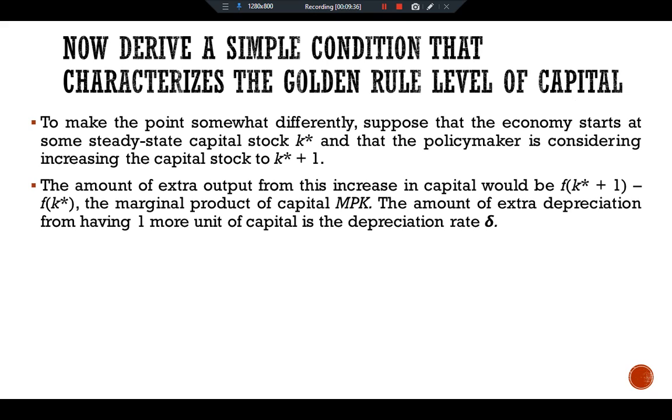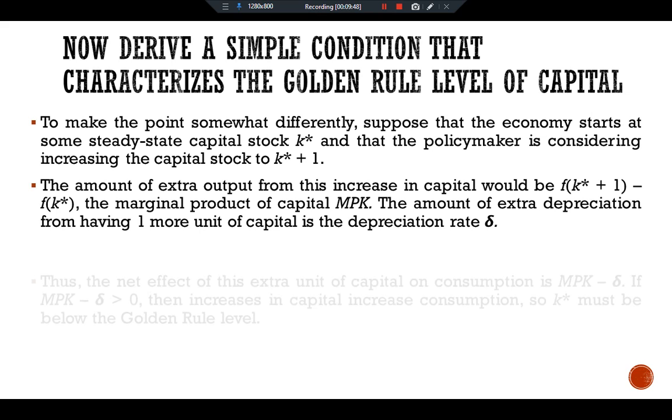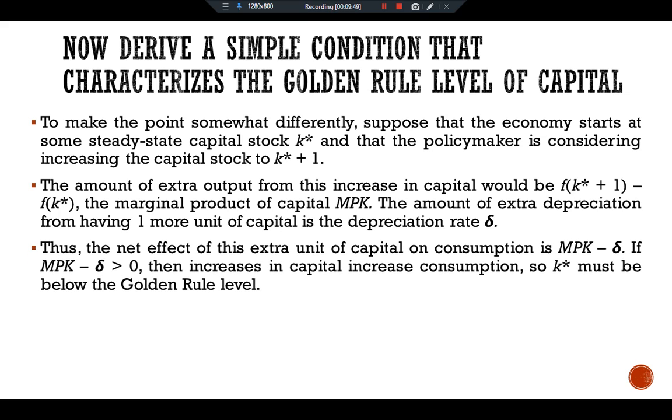The amount of extra depreciation from having one more unit of capital is the depreciation rate delta. Thus the net effect of this extra unit of capital on consumption is MPK minus delta.